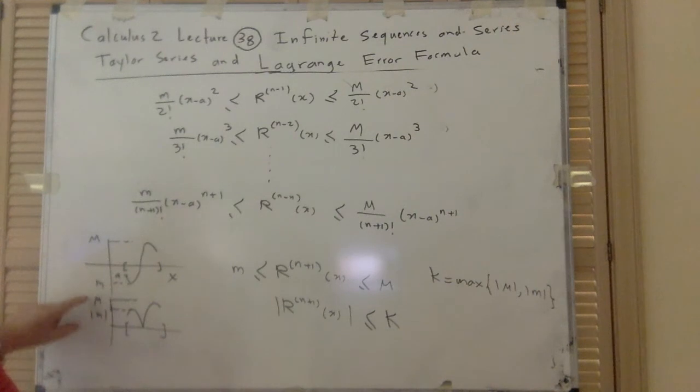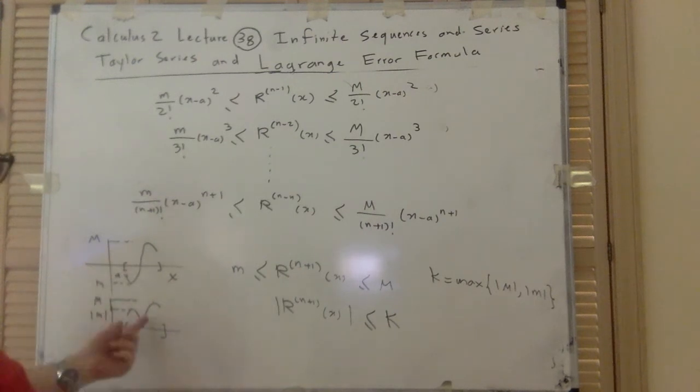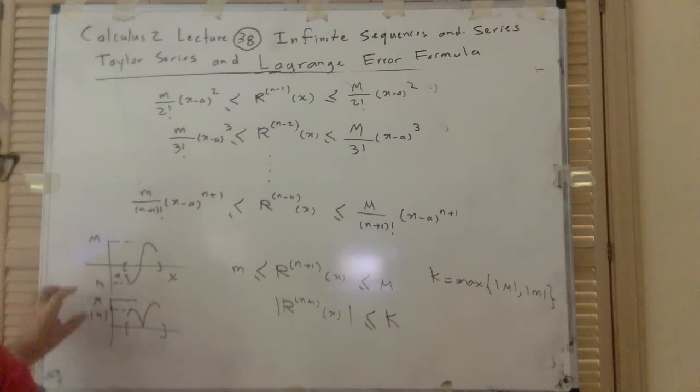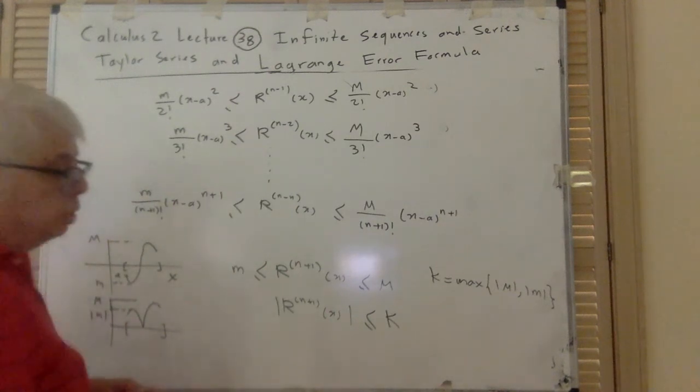Now, depending on which one is higher, the absolute value of small m or capital M, we can say that the absolute value of this function is less than this or less than this, whichever is larger. So that's why I wrote it's less than something.